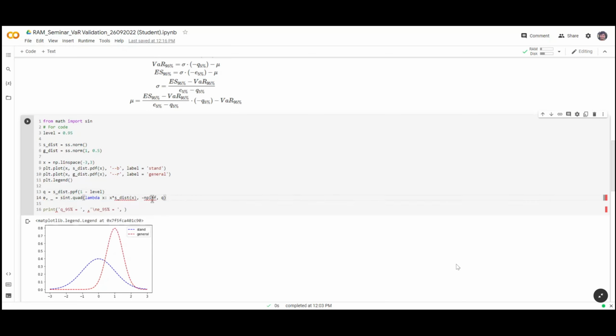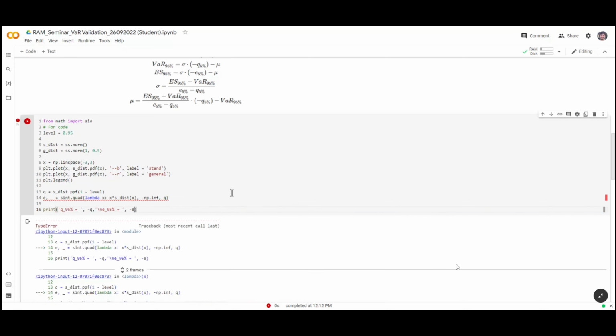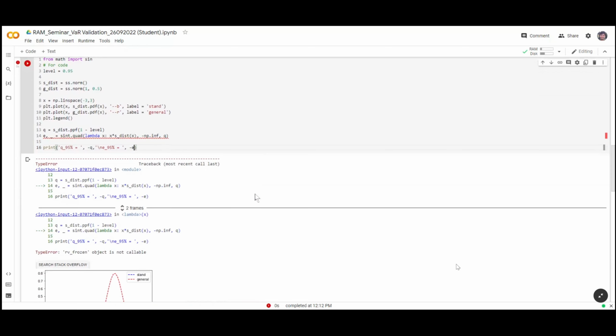So, no, I missed that. Okay, I think everything is done here. So now I need to put minus Q and minus E here just to find out what those values are. Nope. I think I missed something here.